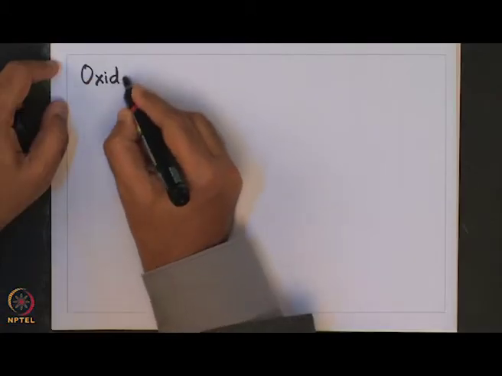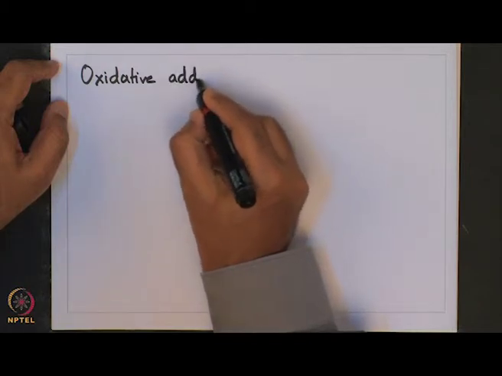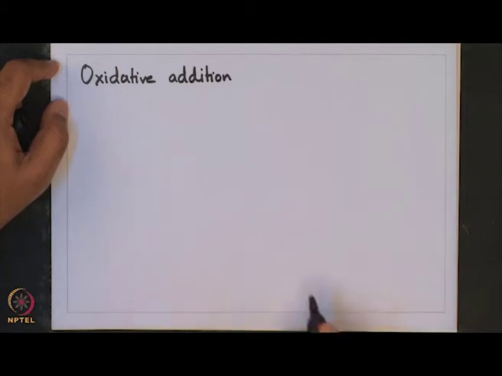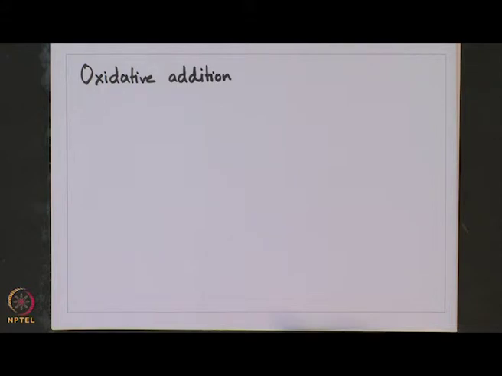Another very important method for preparing metal sigma alkyl complexes is the oxidative addition method. Now, oxidative addition is a very important reaction that is encountered frequently in organometallic chemistry, in various catalytic cycles as well as in various synthetic reactions.